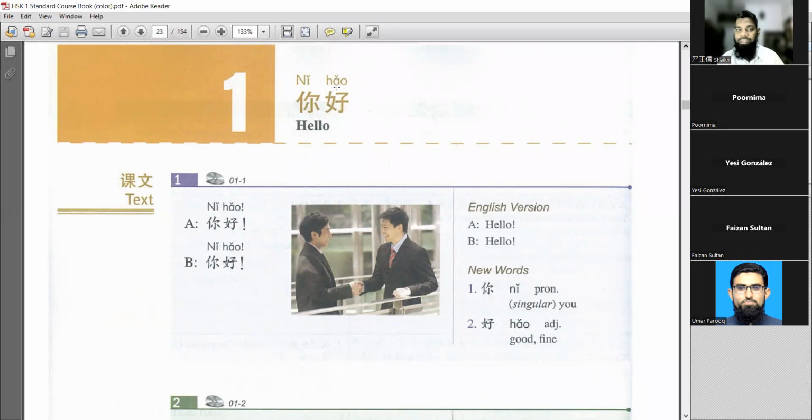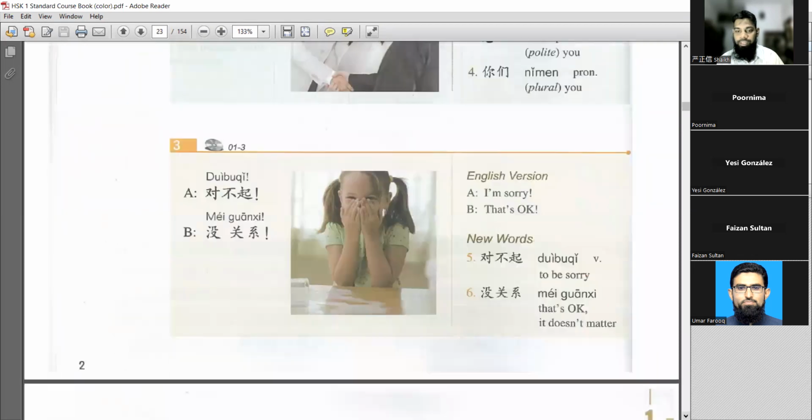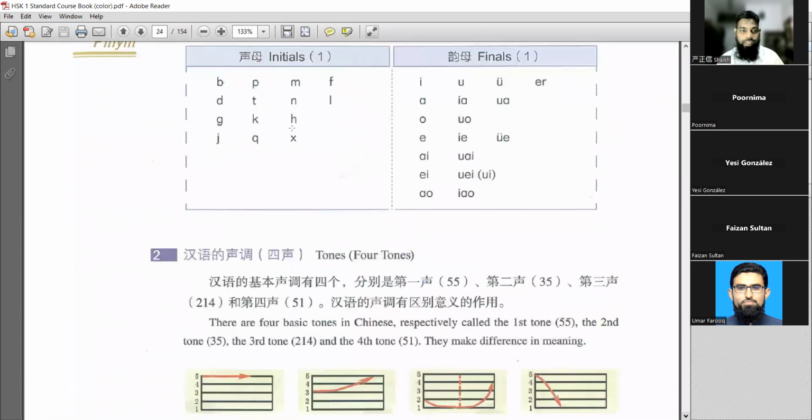And then you have this second syllable. The second syllable is H and then AO. This H is the initial here in this second syllable, and the final is ao. I will show you. H is the initial, and ao is the final.